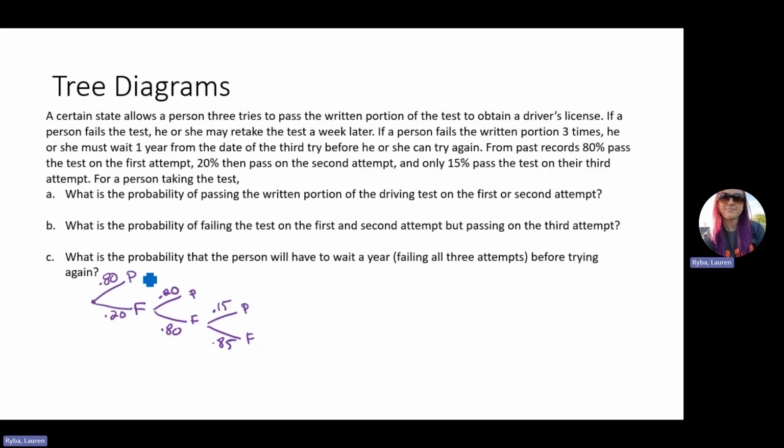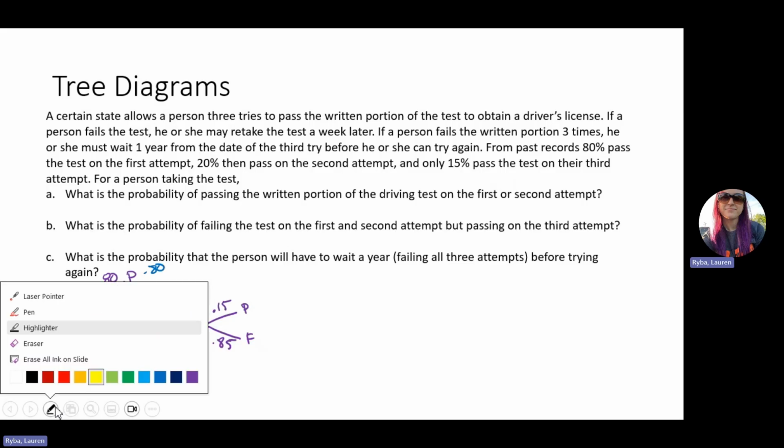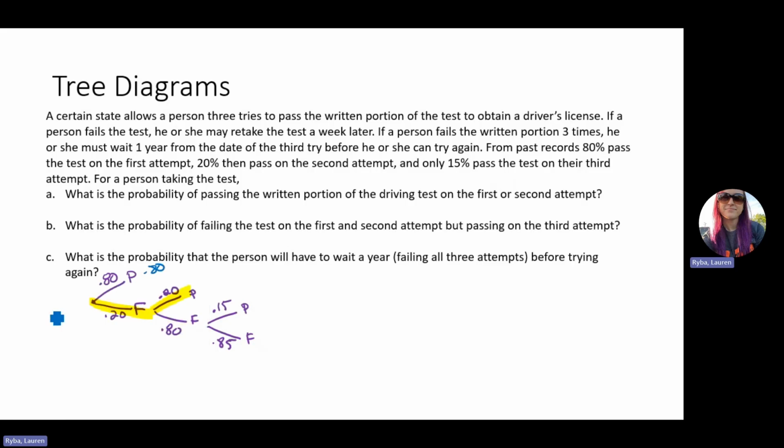Passing on the first attempt is 0.80. We've got that. If you fail first and then pass, so that's following this path here, fail, then pass, I'm going to multiply those two together and get 0.04.